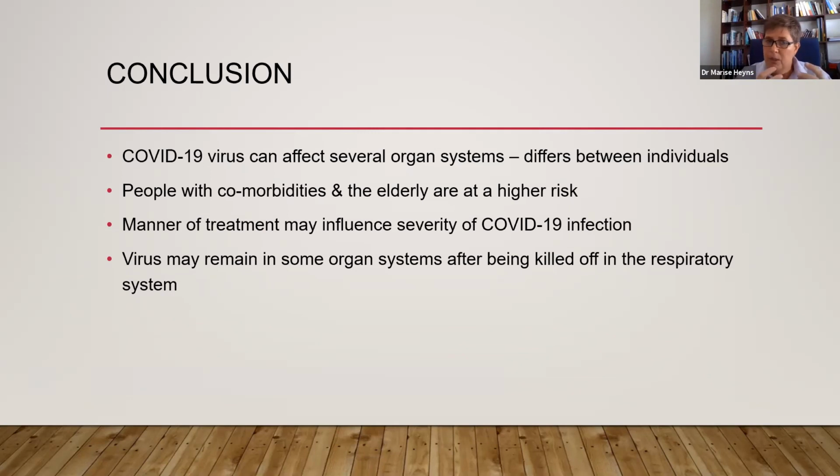The manner of treatment is also important. It may even affect the severity of the infection. And remember, if you're already on medication, there are some medications you can't be without and need to continue with, others need to be adapted.